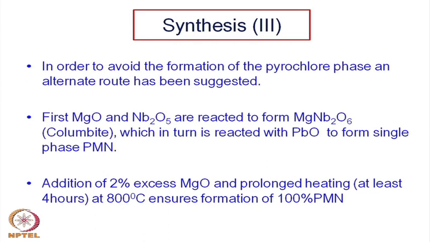For completion of the reaction, about 2% excess of MgO and prolonged heating is necessary, more than 4 hours, but sometimes it is more, at 800 degrees centigrade to ensure the formation of 100% PMN. So the synthesis of PMN is slightly difficult because it has a tendency to form the pyrochlore phase.